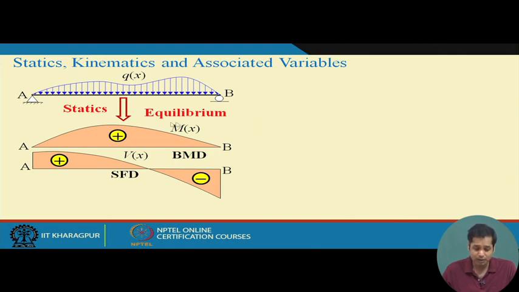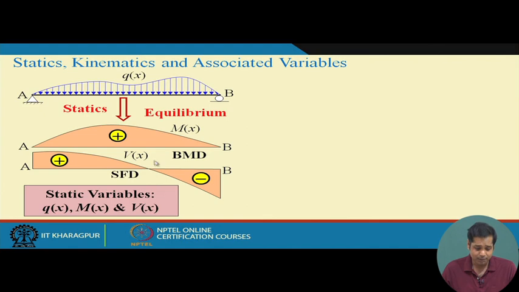So we use the concept of static equilibrium to get these internal forces. Now what are the variables we have? The static variables are the applied intensity of the load q, the bending moment M, and the shear force V.